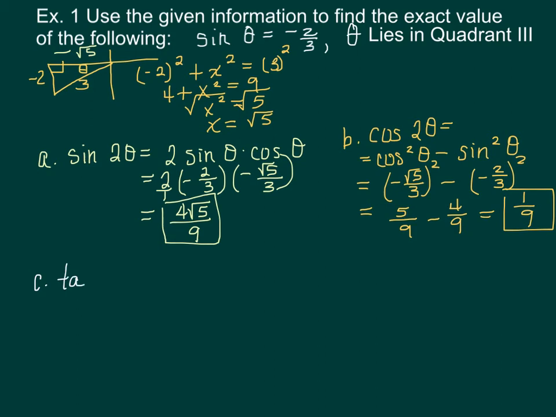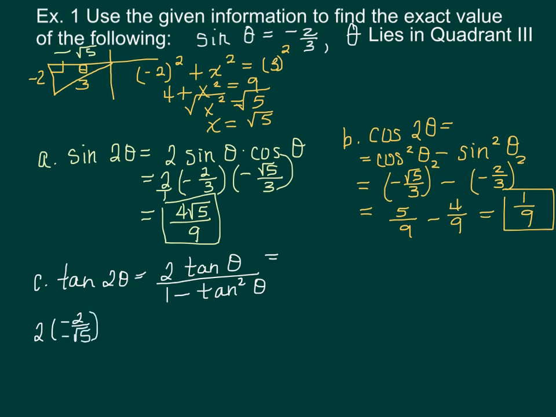And then we have tangent, the double angle for tangent. And that formula is 2 times tangent of theta divided by 1 minus tangent squared theta. Okay, so 2 times tangent would be opposite over adjacent divided by 1 minus tangent squared.